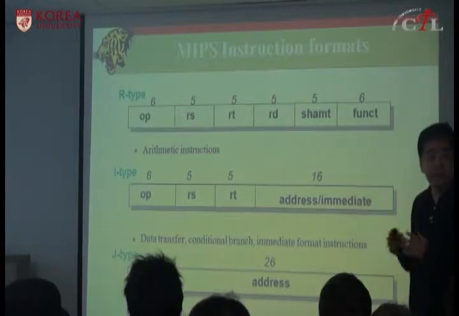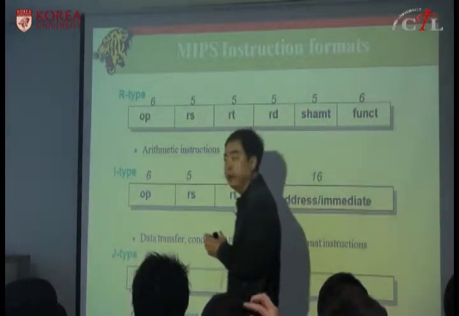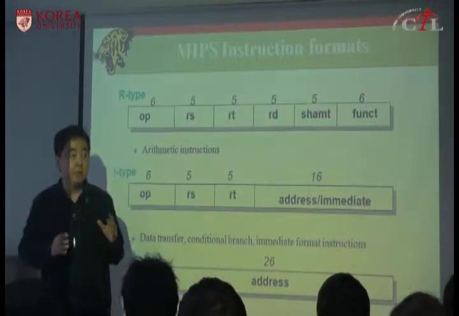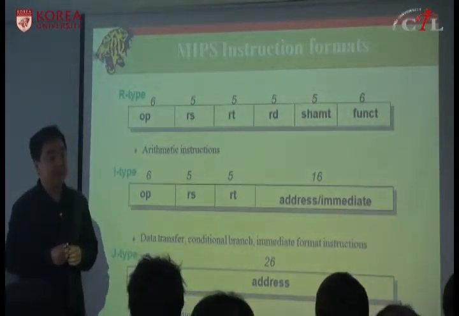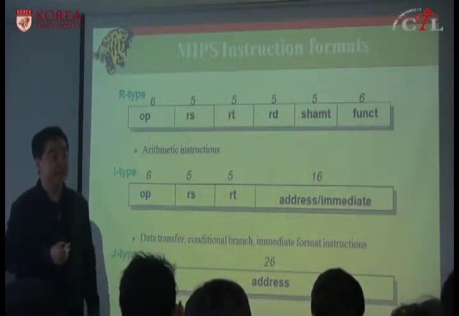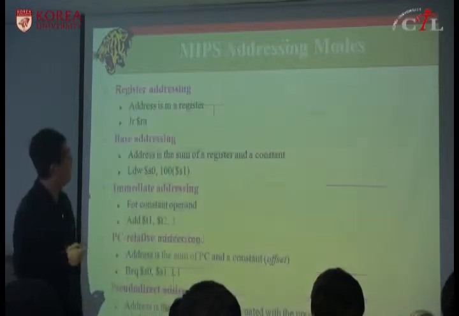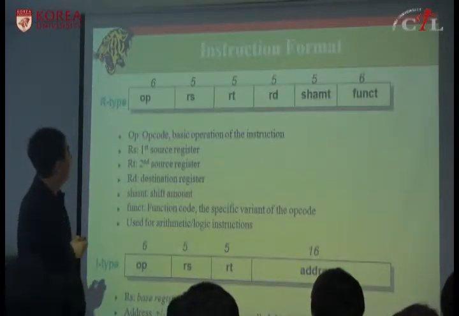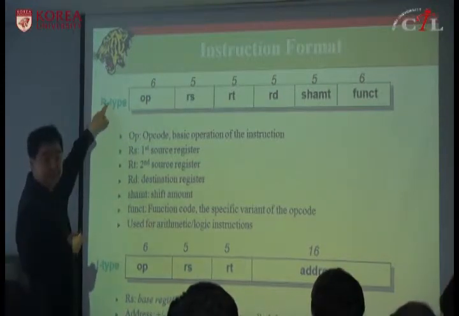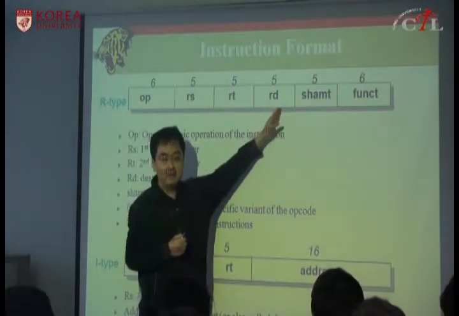Because MIPS is a RISC architecture, you are given only 3 types of instruction format. For x86, there can be many more variations. Okay? Because that's CISC. This is a RISC. So it's quite simple. R-type, R means register type. So there are only register operands.